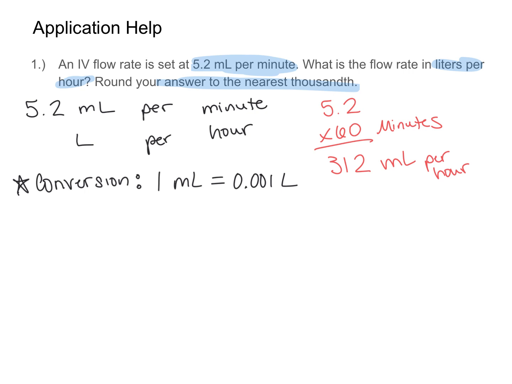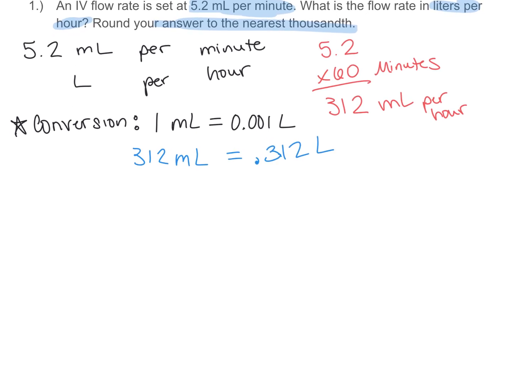If 1 milliliter is equal to 0.001 liters, but I'm given 312 milliliters, then I can just multiply the 312 by 0.001, and that gives me how many liters I have. I can also just move the decimal over 3 places. That would be 0.312 liters.